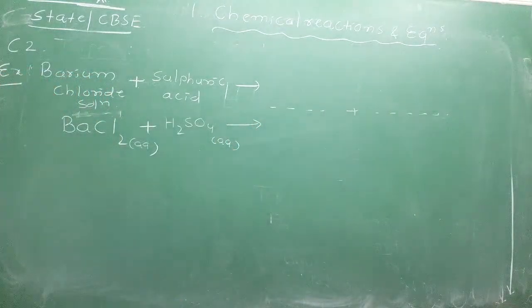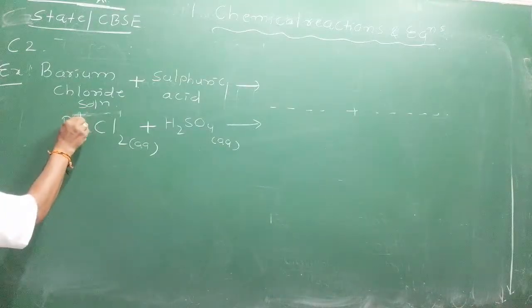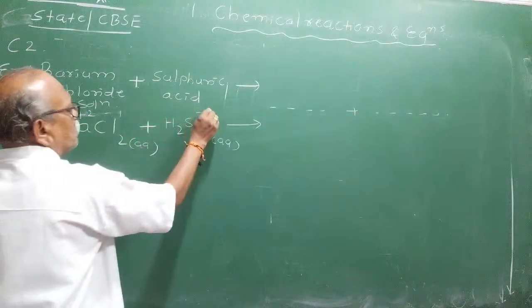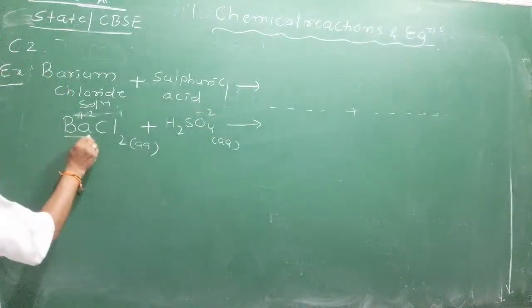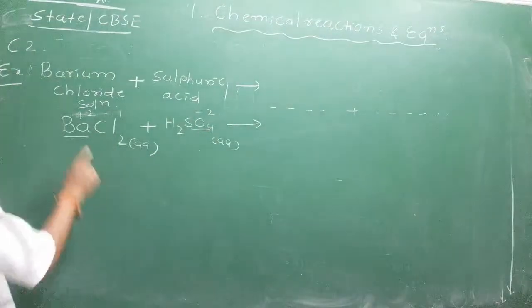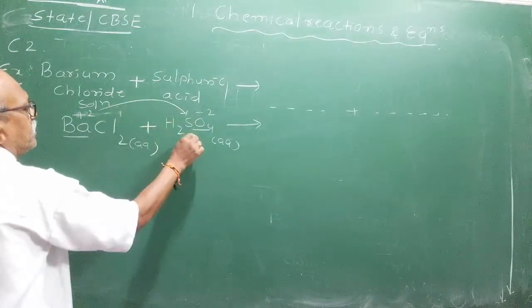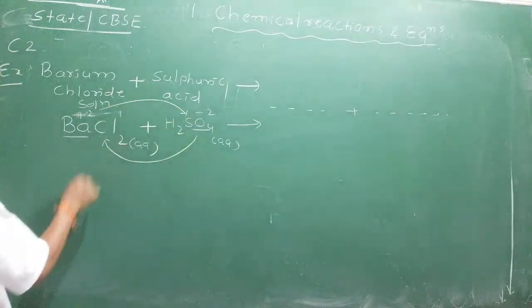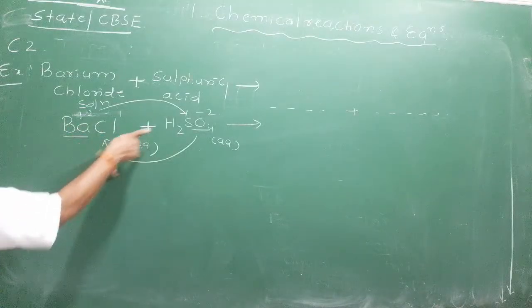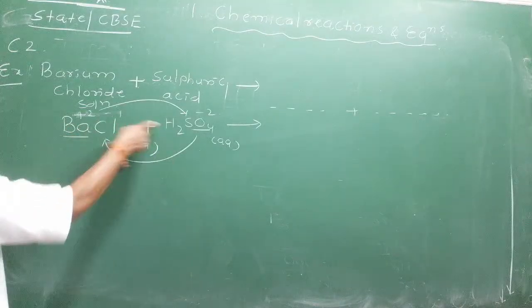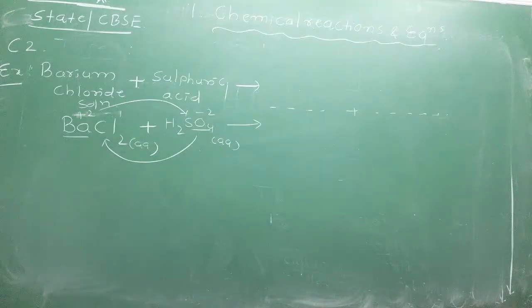When you add it, the ions that are exchanged are Ba +2 and SO4 -2. Ba will go to the place of SO4, SO4 will come here, and it will form BaSO4, and the hydrogen and chlorine will combine forming HCl.